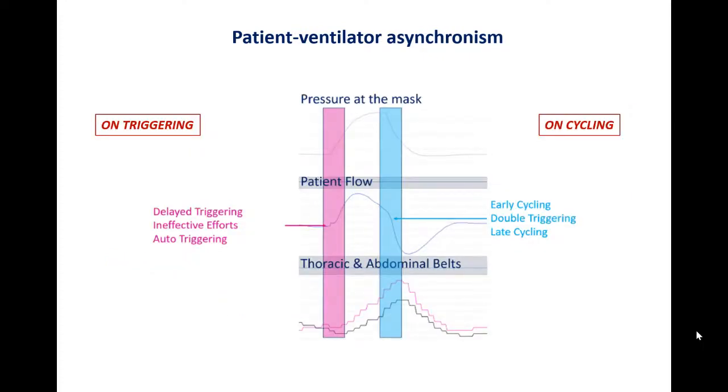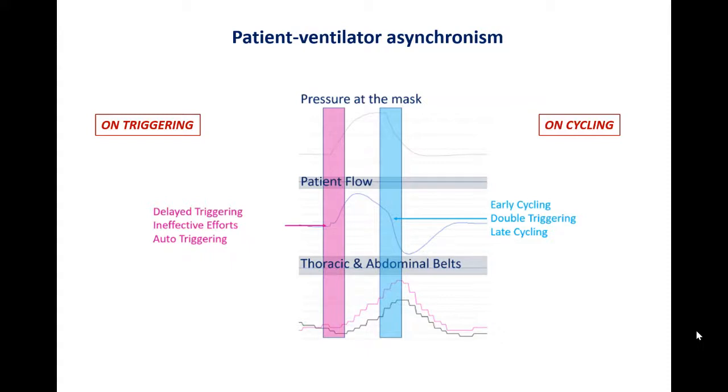On this slide, I've presented a few examples, and Dr. Arnal will explain to you in detail this patient ventilator asynchrony. I've just mentioned them, and I'm going to show you a few examples.